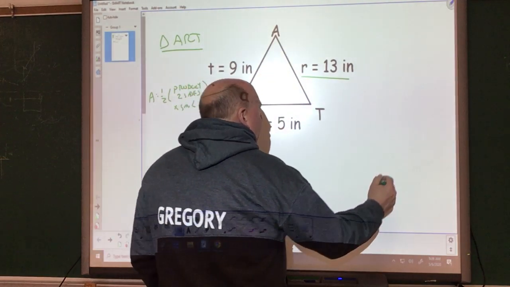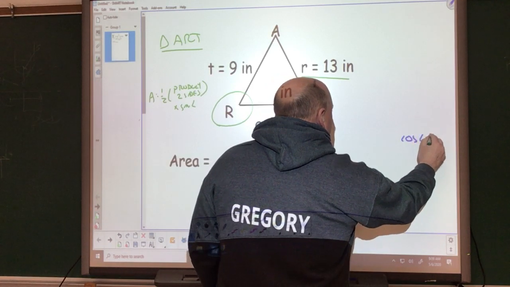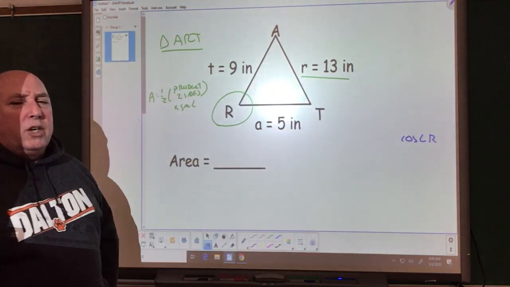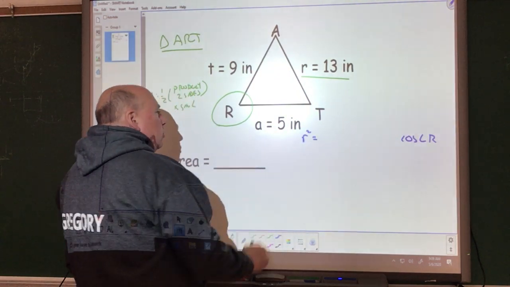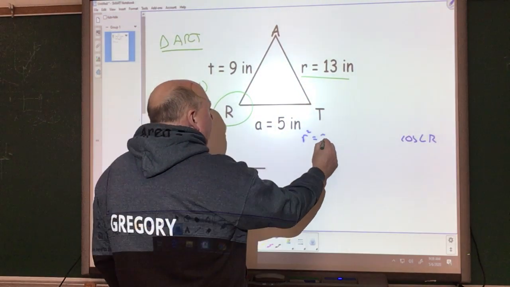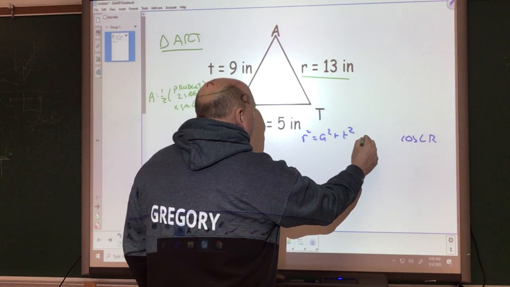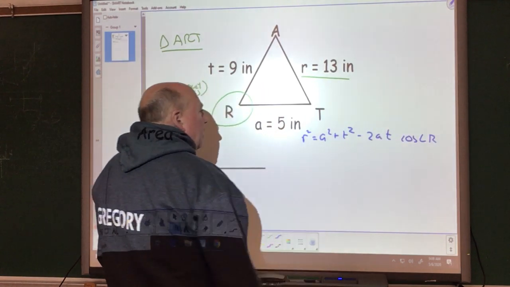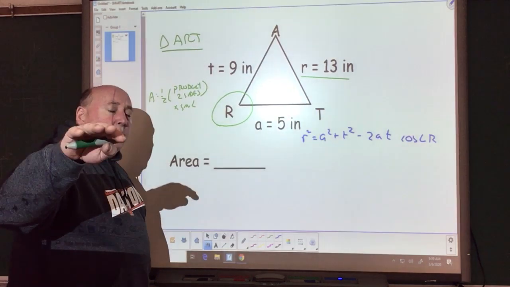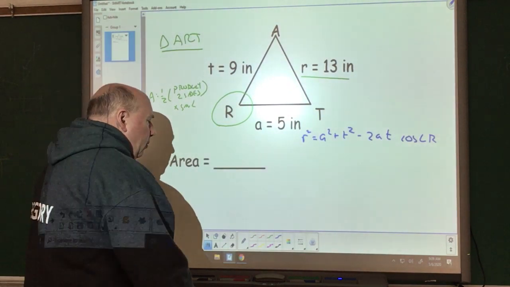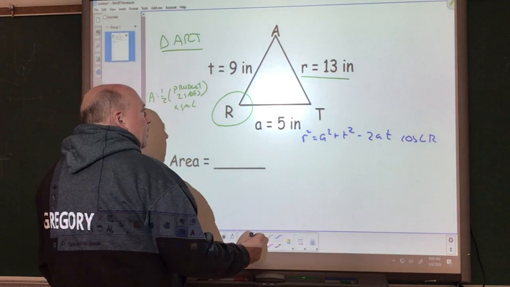Well, if I'm trying to find angle R, the cosine of angle R has to go at the end, which means what goes at the beginning is r squared. Then we have a squared plus t squared minus 2at cosine of angle R. And if I'm going too fast, don't be afraid to push the pause button.